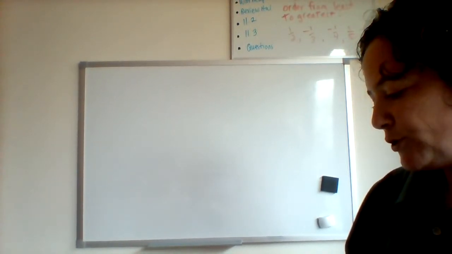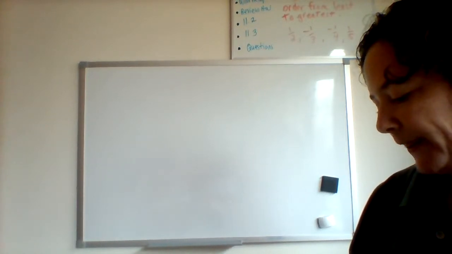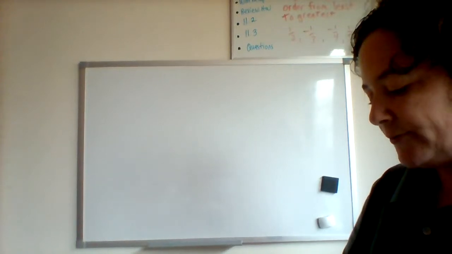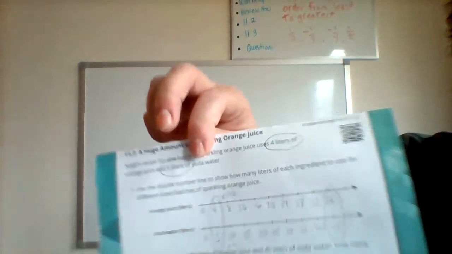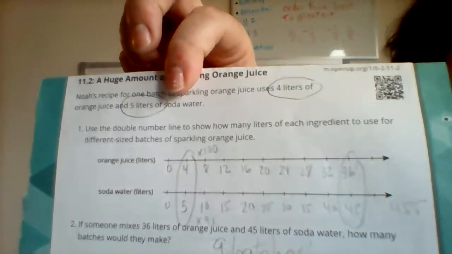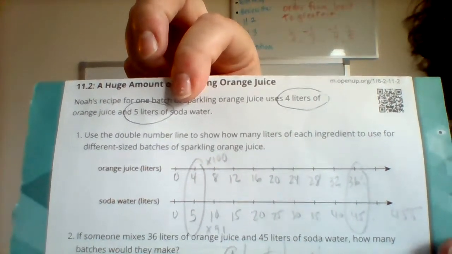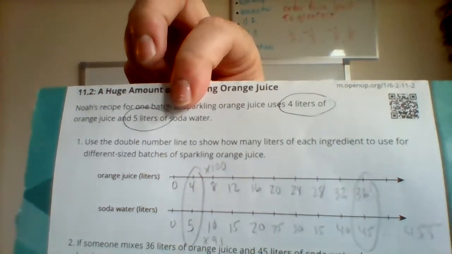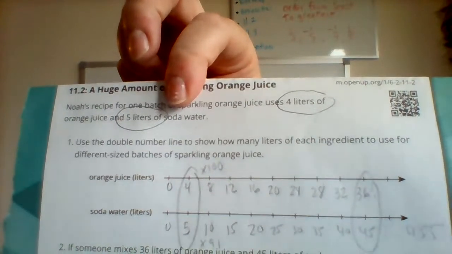Okay, now this one might be a little trickier because they're asking about 455 liters of soda water. So if you look at my double number line carefully, I put the 455 at the bottom because soda is on the bottom. Now, how do I get from 5 to 455?